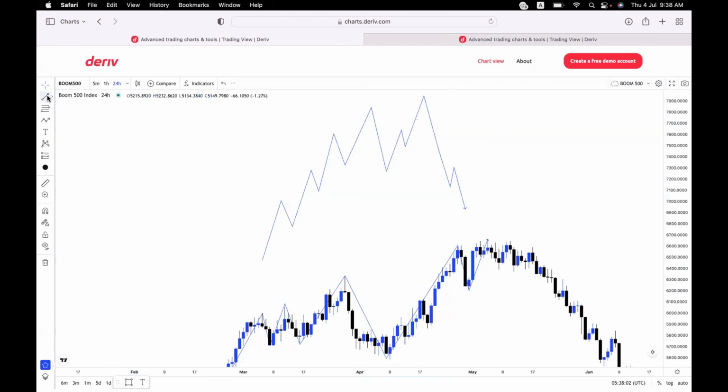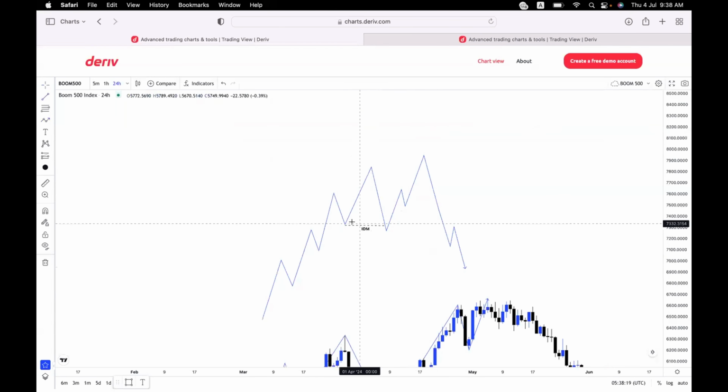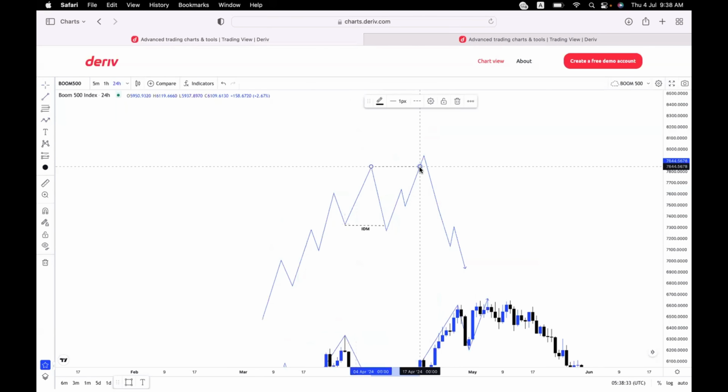So let me put some drawings so you can easily understand what I'm talking about. This last pullback stage is what we identify as the inducement, right? You can identify it on a chart with the three letters idea, this is the main inducement. And the moment the inducement is taken out, this becomes a valid high, right? And when this high is taken out by this impulse move, we call this a breakout structure, right?